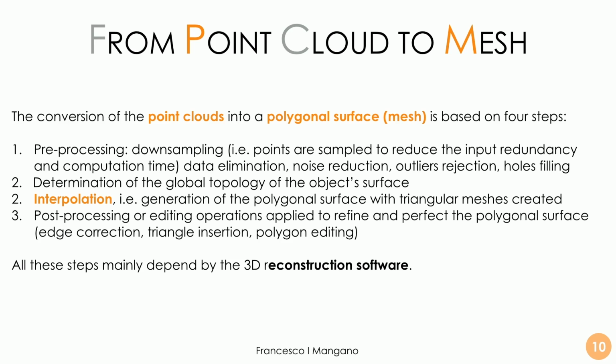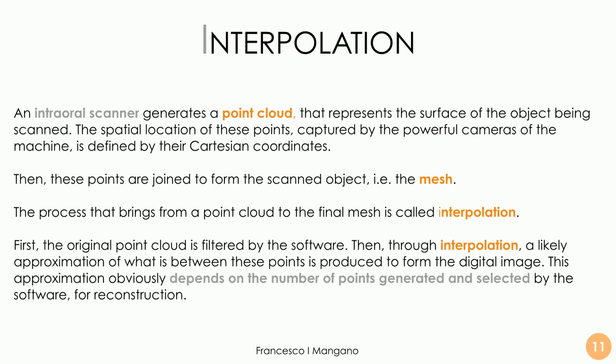And then we have a post-processing. Post-processing is very important because we have a series of editing operations applied to refine and perfect the surface. So edge correction, new triangle insertion, editing, and all these steps are performed only by the software, so they depend only on the 3D reconstruction software, and the interpolation is very important.